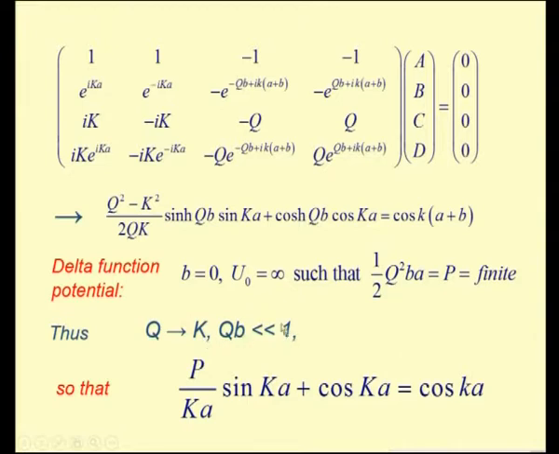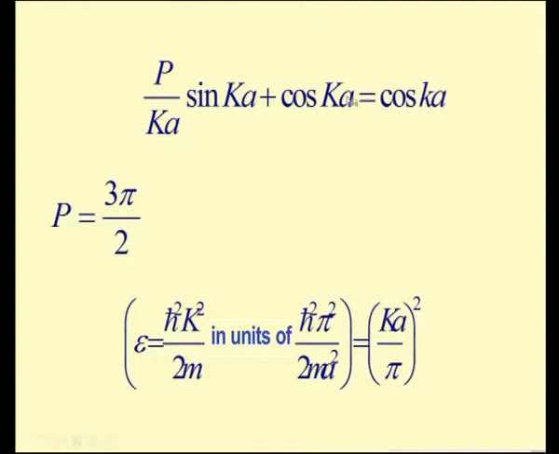This is a valid assumption. In that case the above equation reduces to a sinusoidal kind of function, where we have one sine function, cos function combination equal to another cos function. And the above equation is rewritten for a given value of P equal to 3 pi by 2.